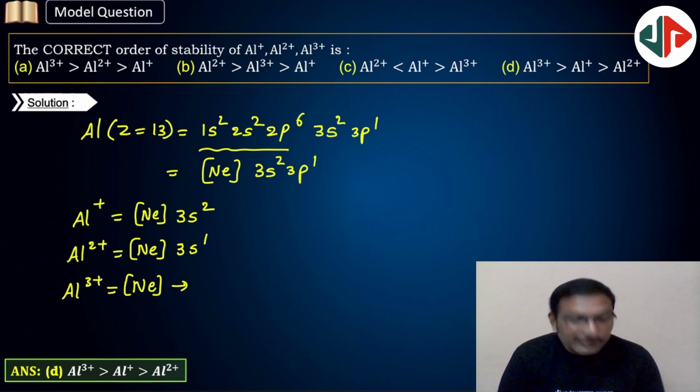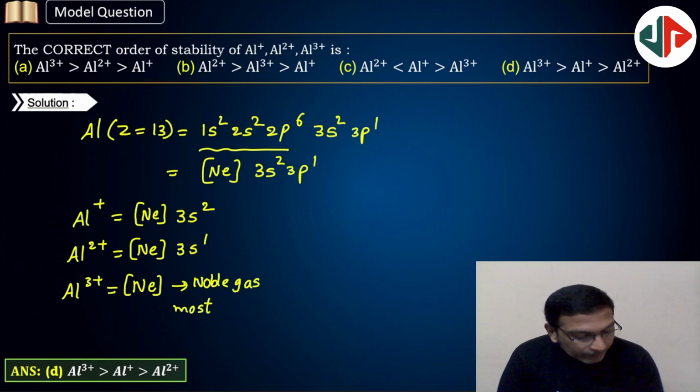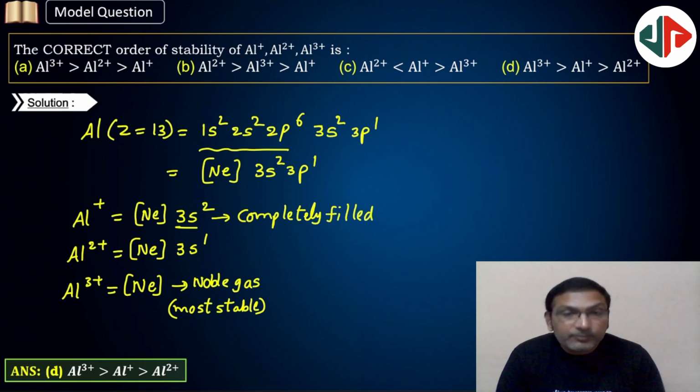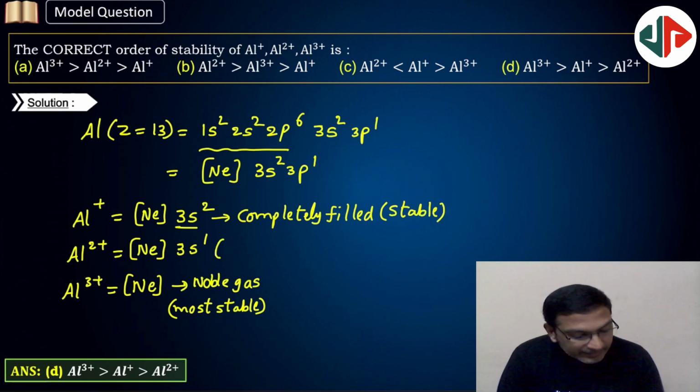This is noble gas, most stable. So here, completely filled configuration. Therefore, it will be stable. Next, 3s1 unstable.